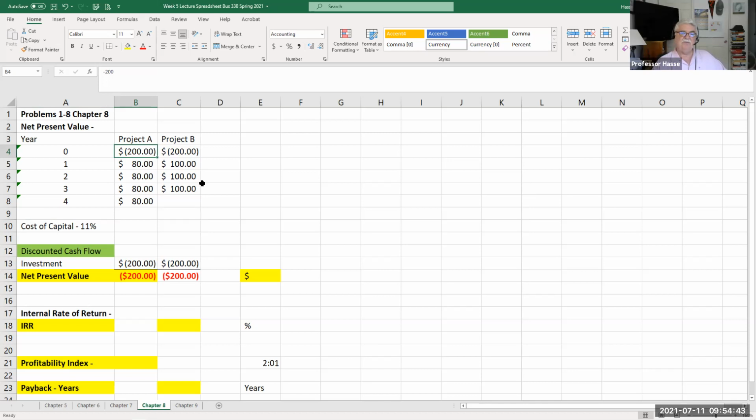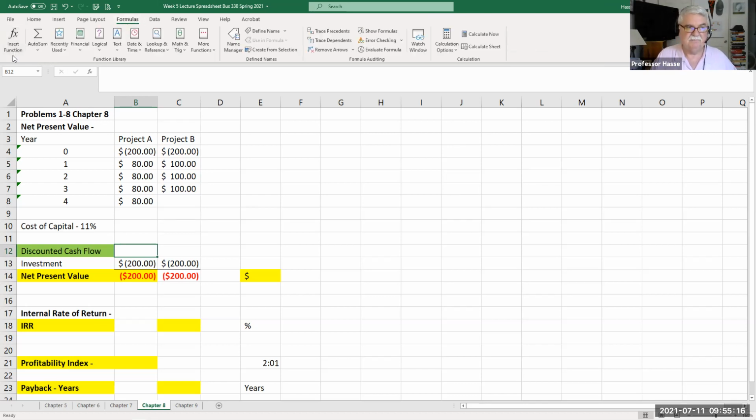So what we need to do in the net present value method is compare this cost of money, $200, and the cost of discounting these cash flows back to today at 11%. In other words, what is $320 worth today discounted back at 11%? And then we compare that to the $200 investment to determine our net present value. So, formulas, function.